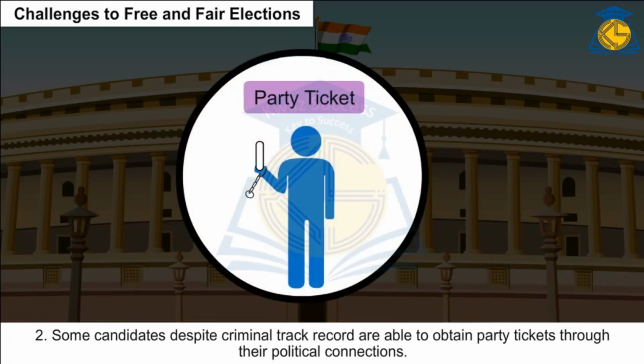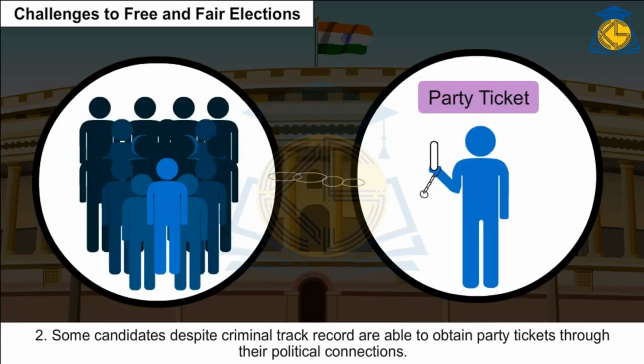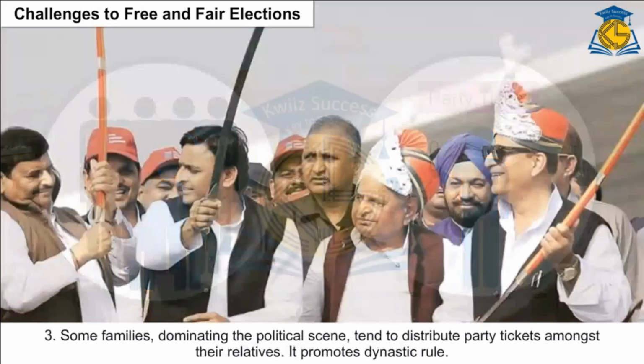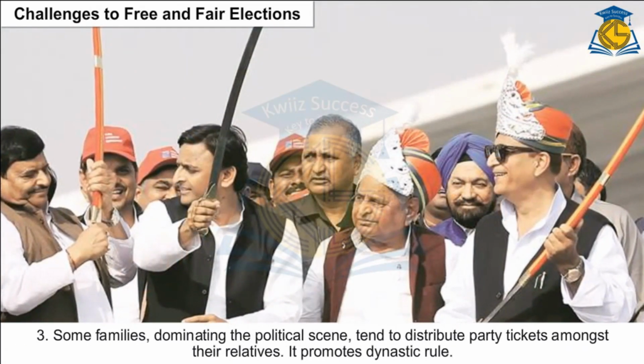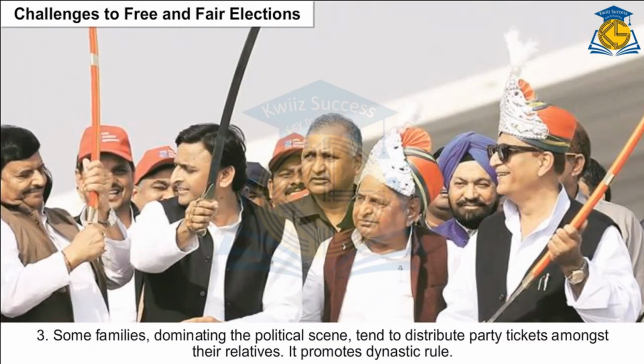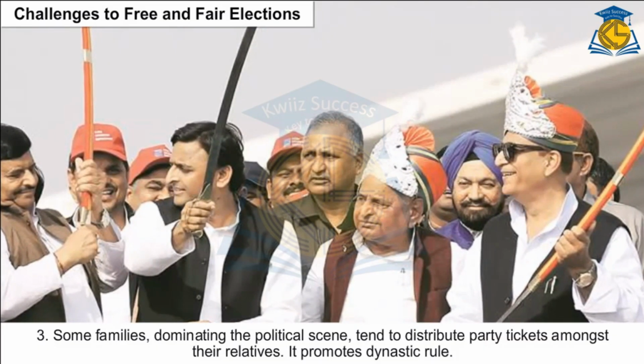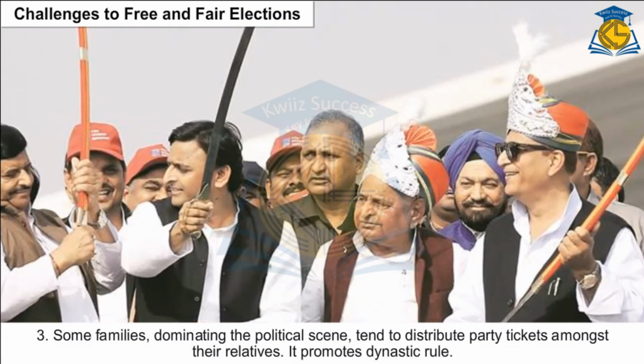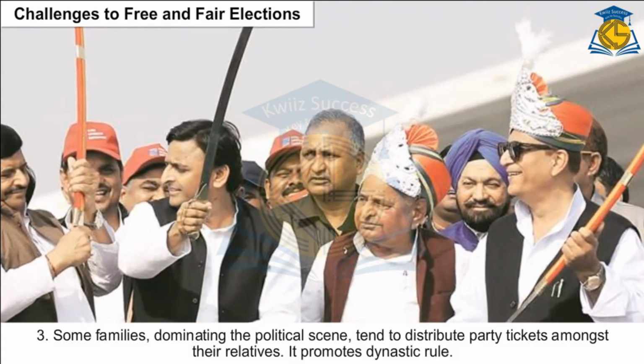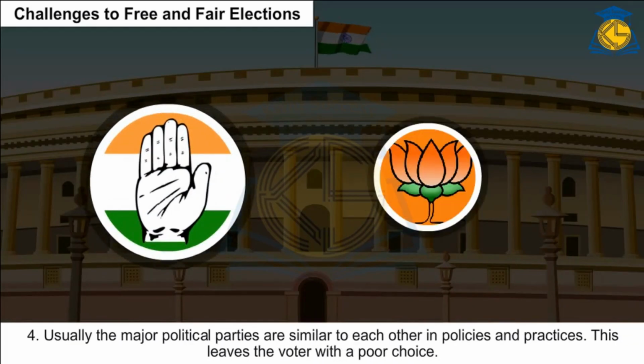Some candidates, despite criminal track record, are able to obtain party tickets through their political connections. 3. Some families dominating the political scene tend to distribute party tickets amongst their relatives. It promotes dynastic rule.